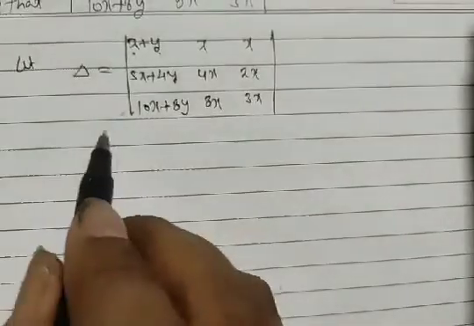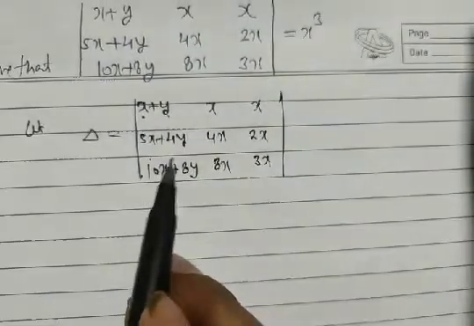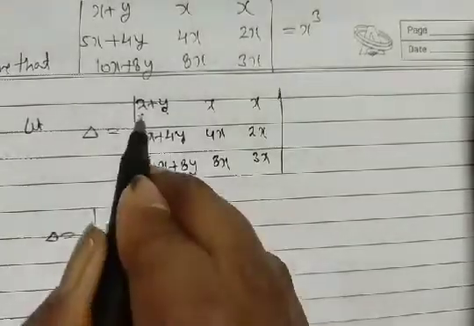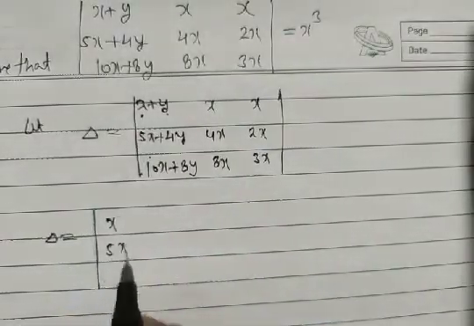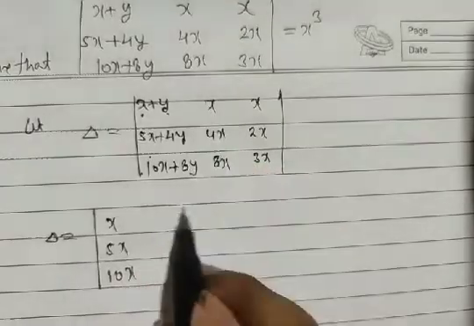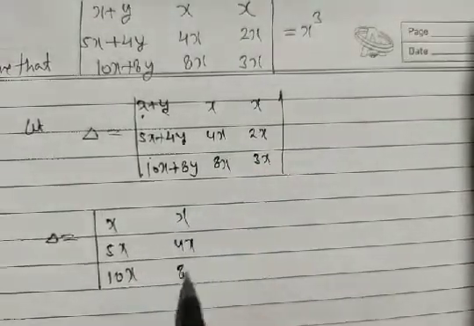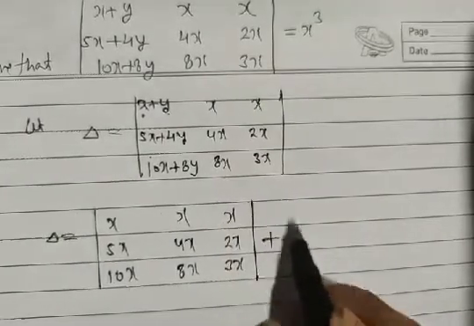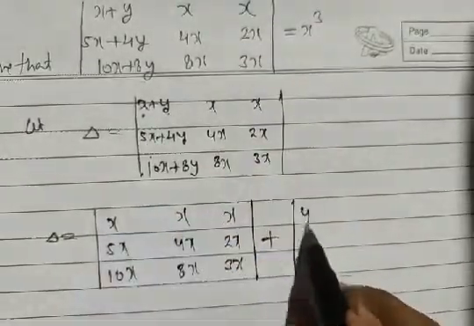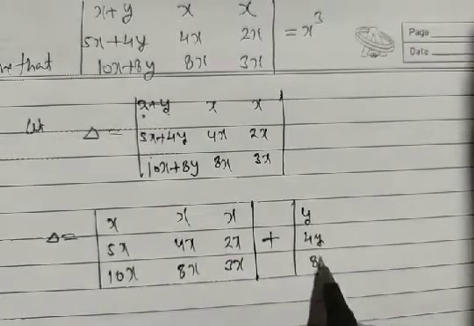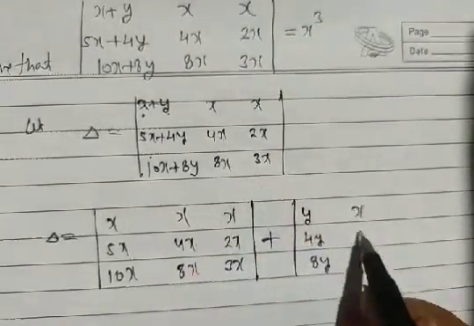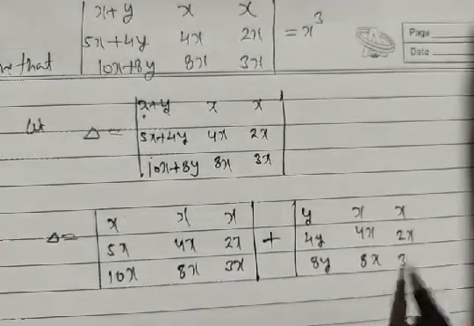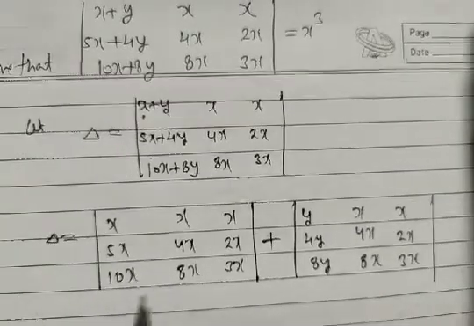Now delta is equal to, write down first x, 5x, 10x; x, 4x, 8x; x, 2x, 3x, plus y, 4y, 8y; x, 4x, 8x; x, 2x, 3x.